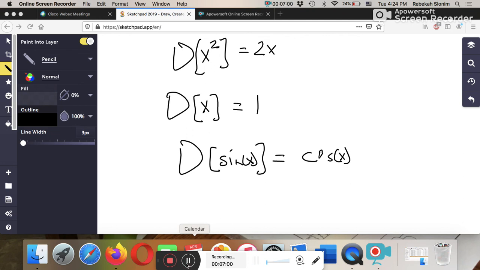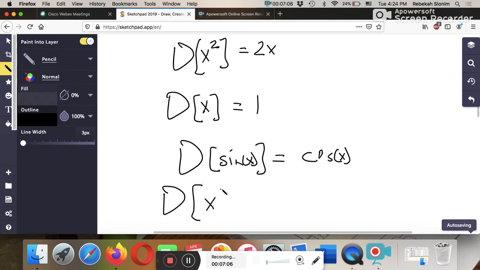Let's do one more with this D differentiation operator. We'll say D of, what if we have x raised to some k times e to the rx? What's that going to be? Let's see, we're going to use the product rule here.